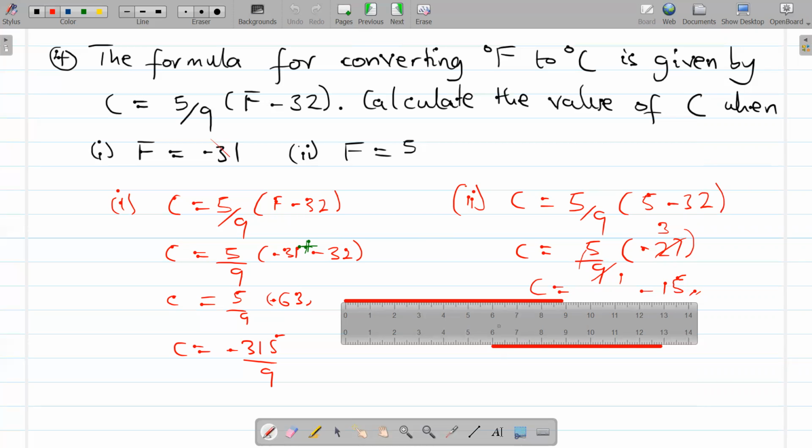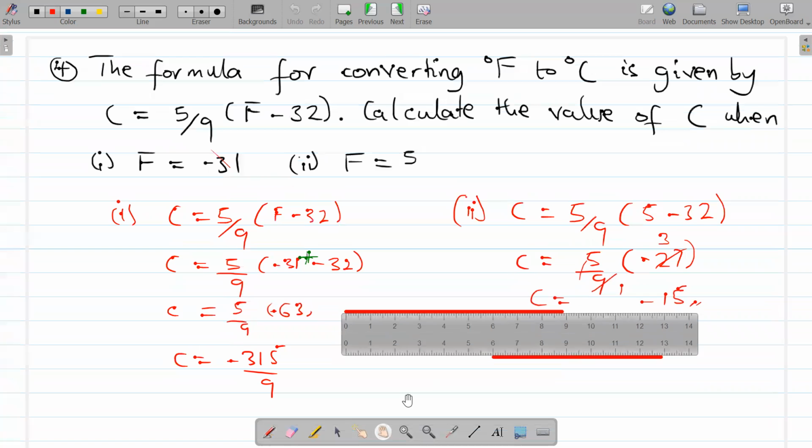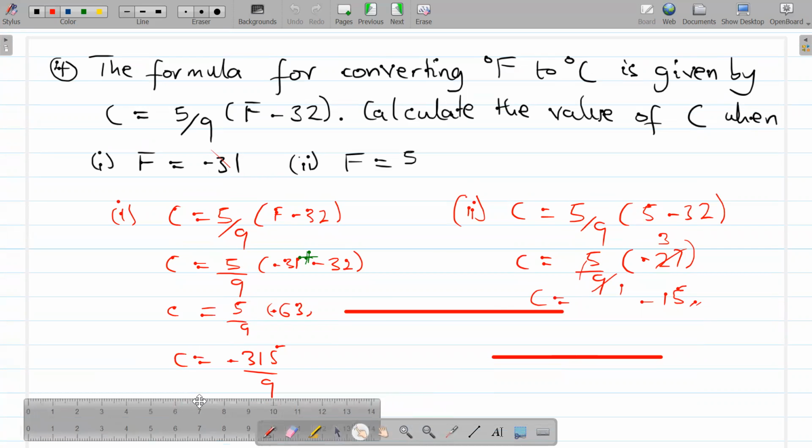What do you have? I had 25, because I multiplied the 5 by 5.